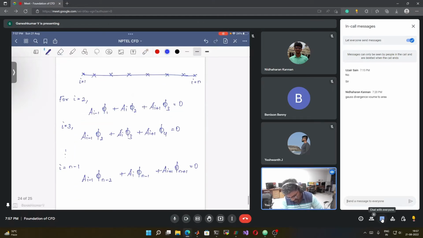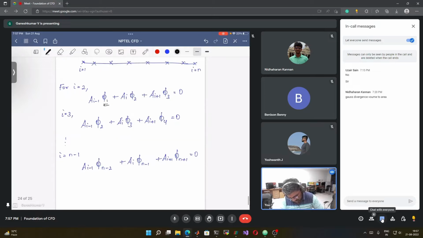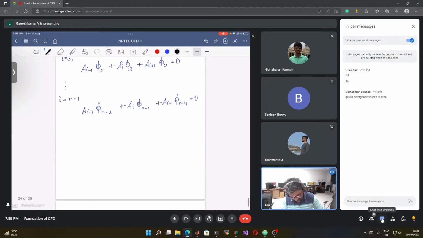At I equal to 2, we know the value of phi 1, and ai minus 1 is already known, right? So you can put it on the other side. Similarly, here phi at n plus 1, it's not actually n plus 1, it's n. Phi at n we already know, so you can put it on the other side.